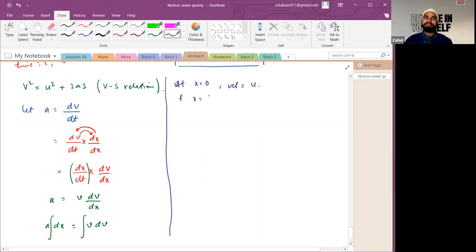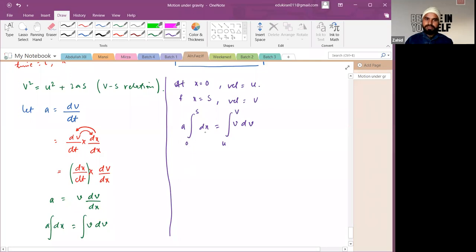And at x is equals to some displacement s, velocity of body will be v. Putting these limit in this expression, you will get a from 0 to s dx is equals to v dv from u to v.